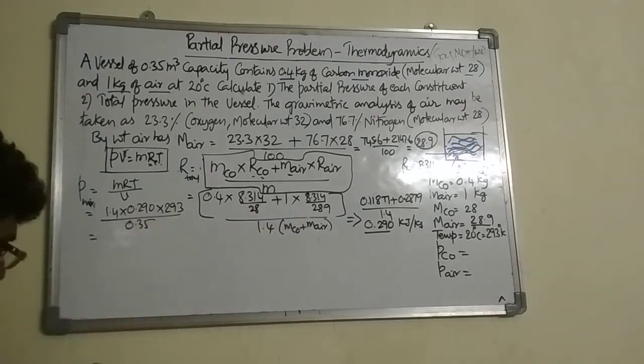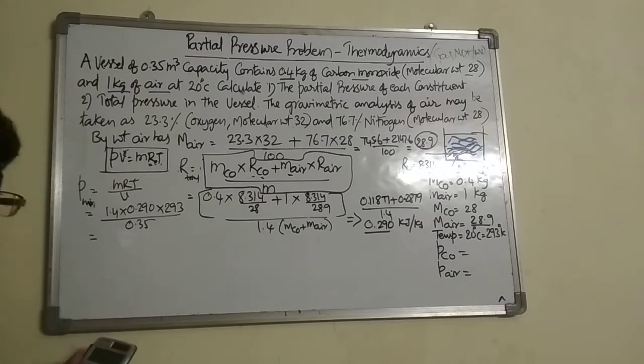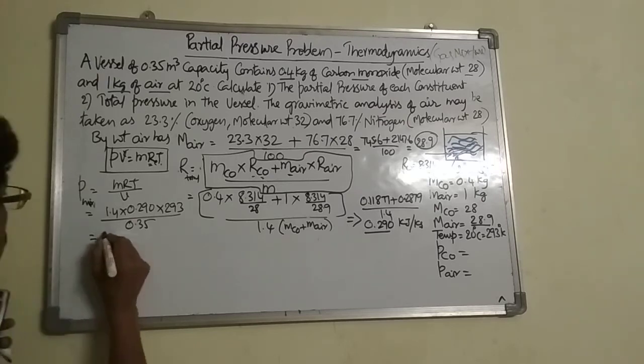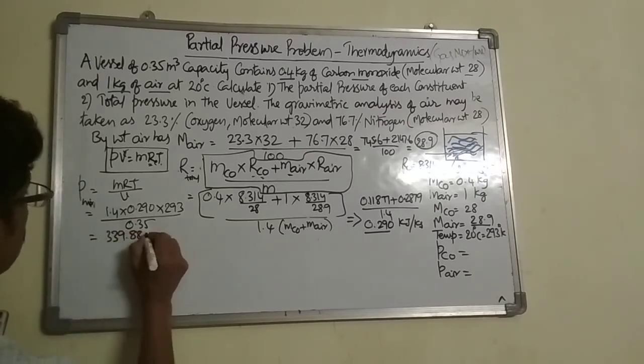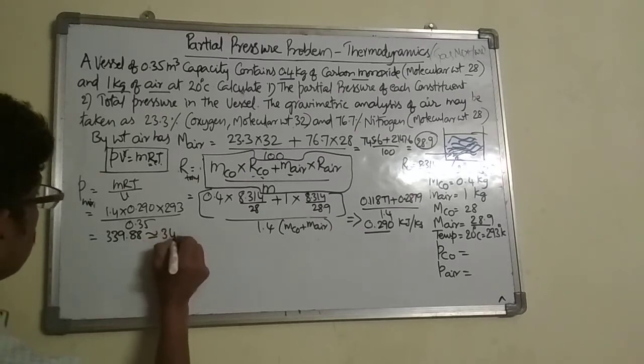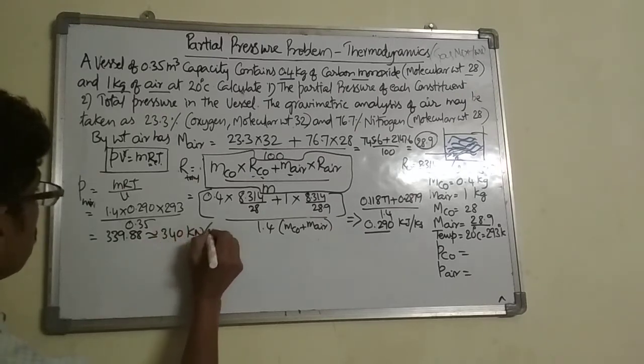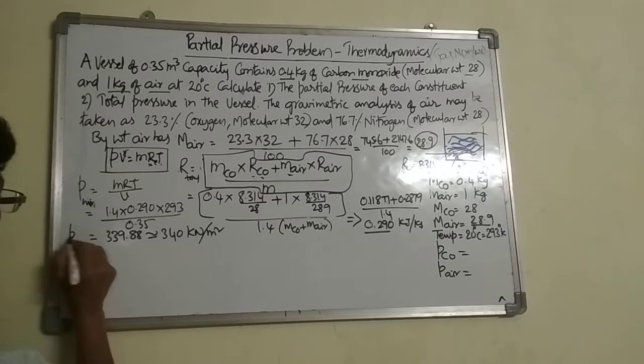So here by calculating this thing, 1.4 into 0.290 into 293, that whole thing divided by 0.35, you will get about 339.88, approximately 340 kilonewtons per meter square. So this is the combined pressure of this mixture.